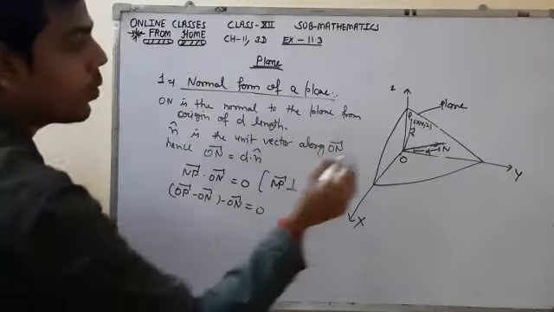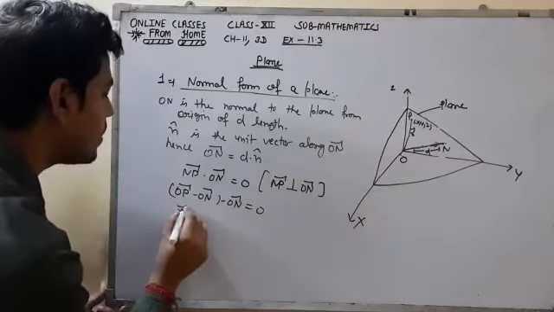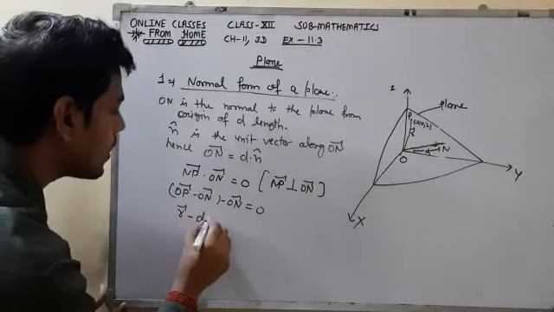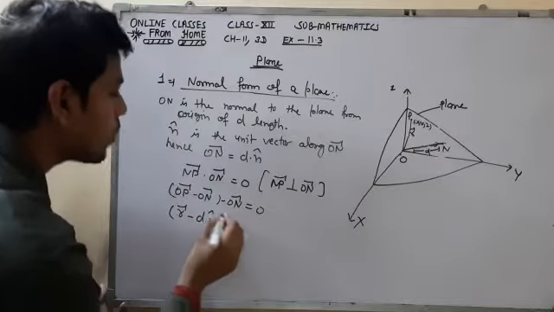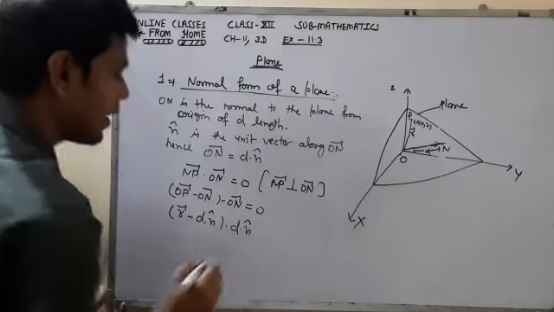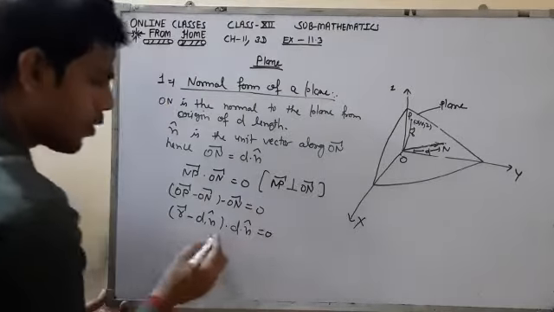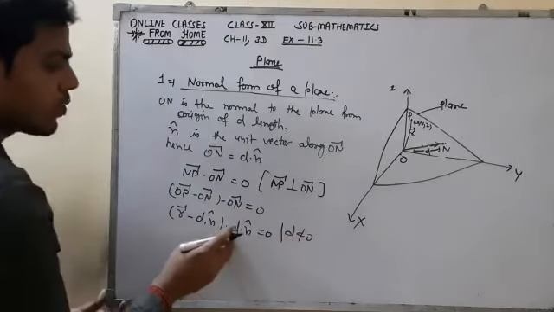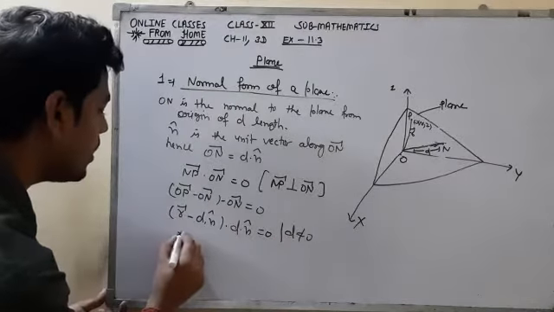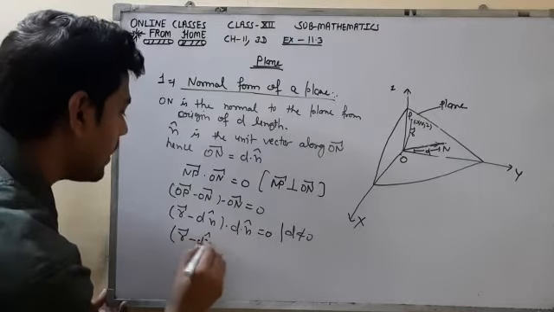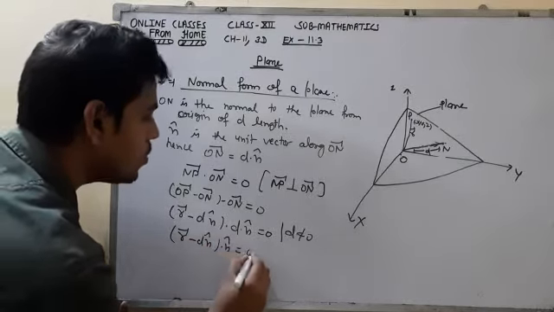So the OP vector is r vector, minus the ON vector which is d dot n cap, dot the ON vector which is d dot n cap, equals 0. And from here we know that d cannot be equal to 0, distance cannot be equal to 0, so we will remove it from here. So that would be r minus d n cap, dot n cap, is equal to 0.